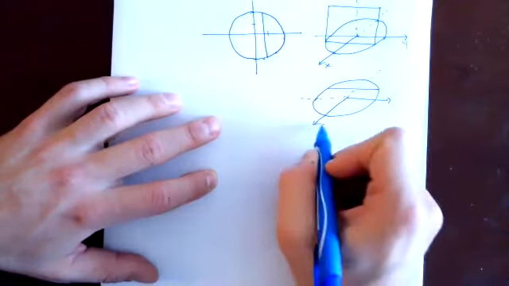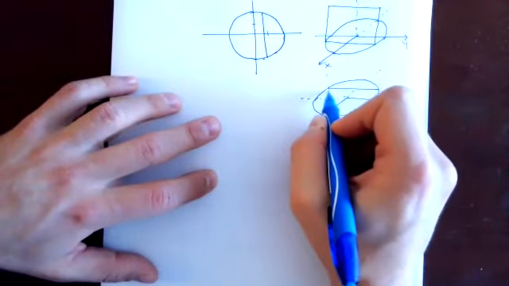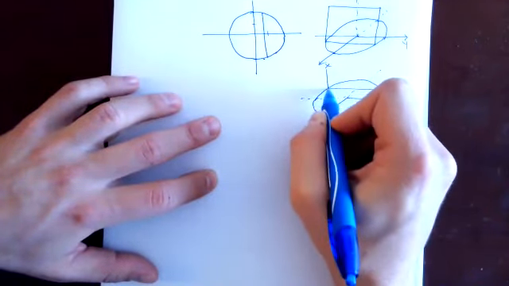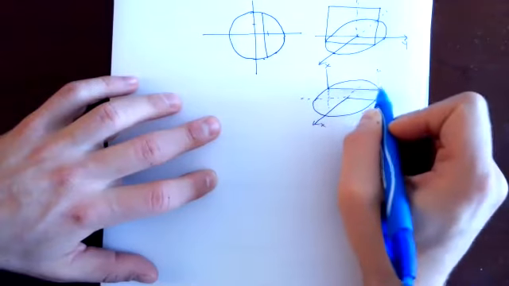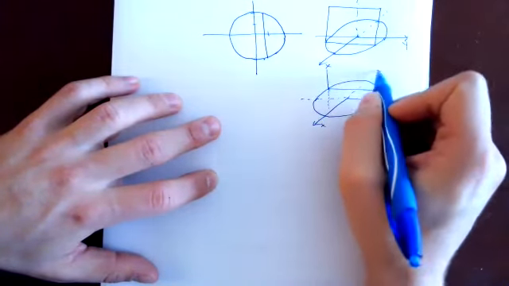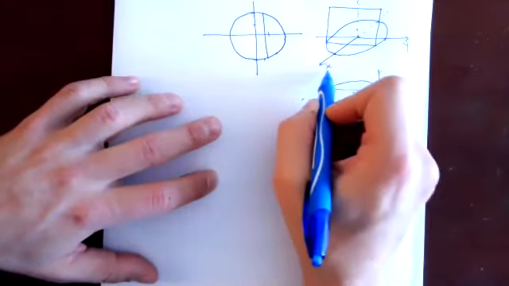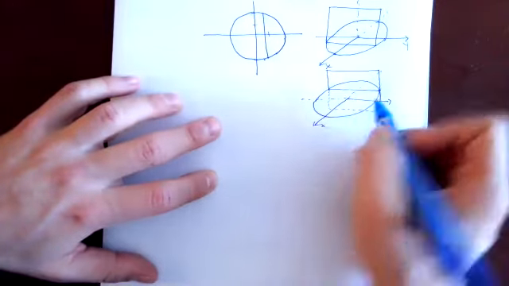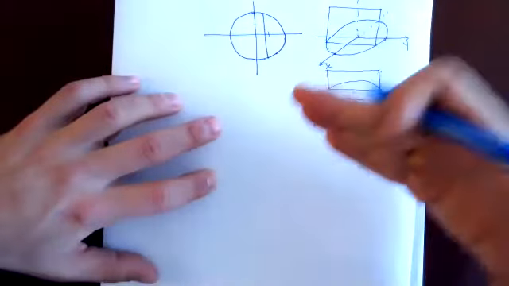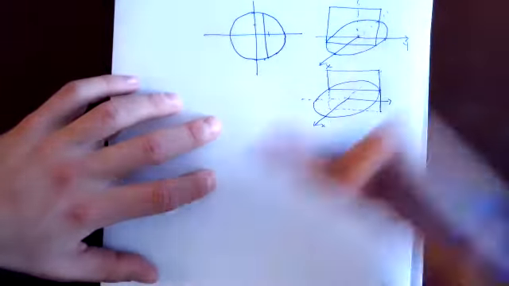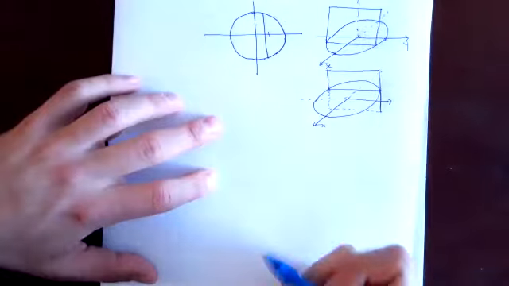Slicing perpendicular to the x-axis, these cross sections are squares. So we're attaching a square at every point, moving along the x-axis.